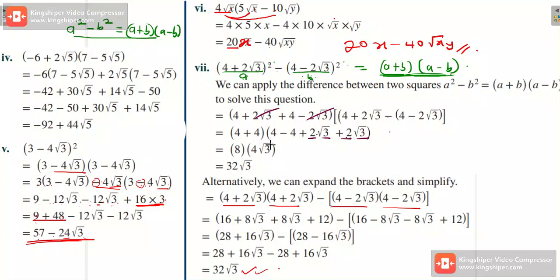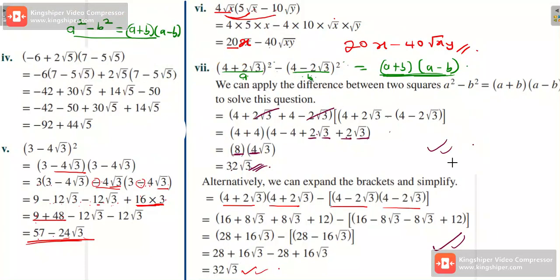And that is here. Then now we can multiply. Remember that this is a rational number. So we can multiply the two. 8 times 4 is 32 root of 3. And that is also another way of solving it. So you can use the two methods and you will get the same answer.